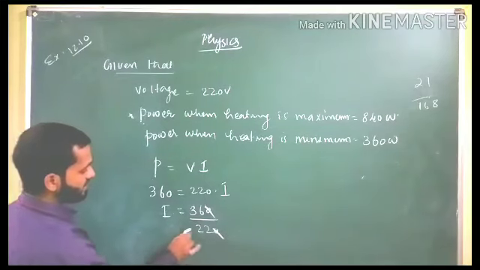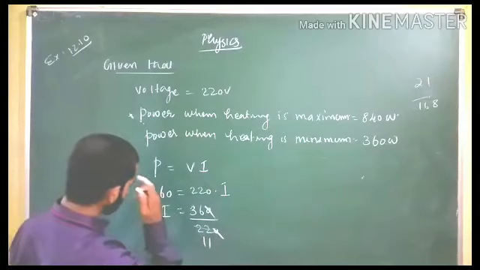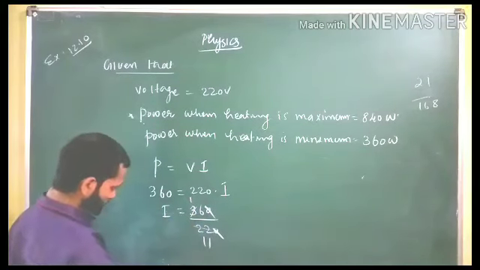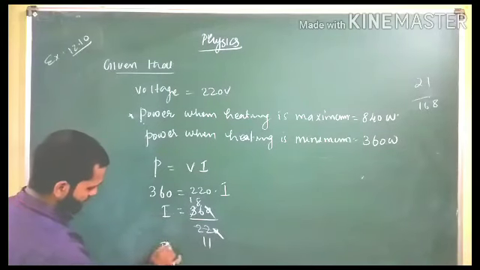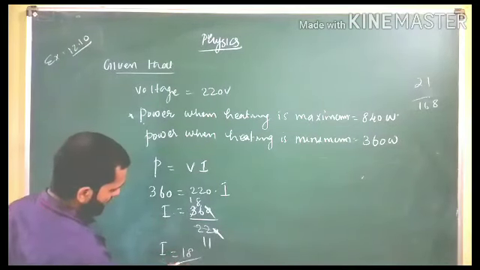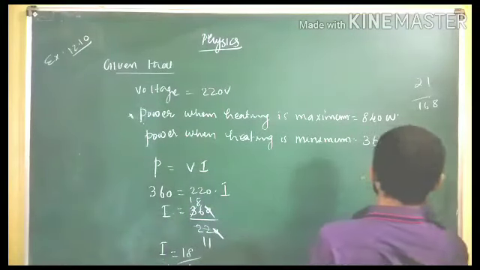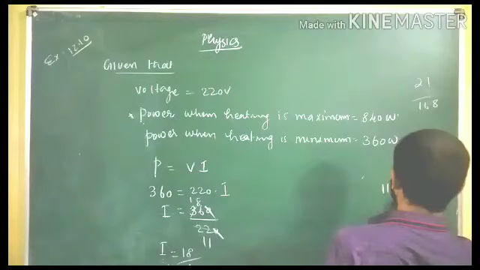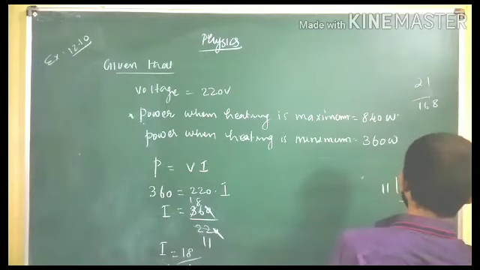Now you can cancel this number, students. So this will be 11 into 2, 22, and here 1 into 2, 18. So 18 divided by 11. 18 when we divide by 11: 1 into 11, 11. The remaining will be 7. Okay, then 0.